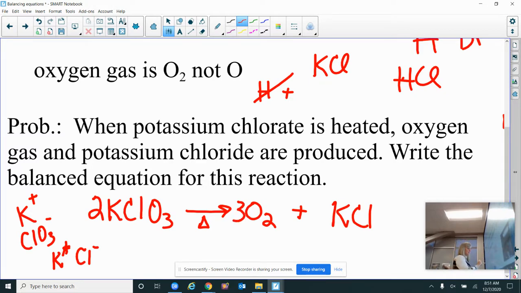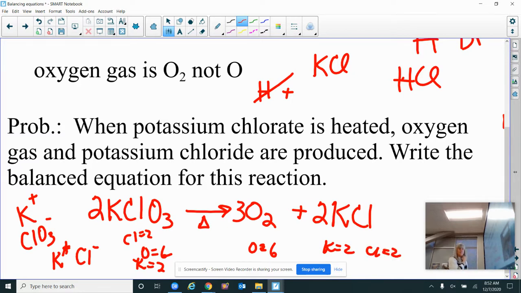So right now that would give me 6 oxygens on both sides. Okay, and right now I have 2 Ks and 2 Cls on this side. So over here, if I just put a 2 there, 2 Ks, 2 Cls, and it's balanced. Okay.